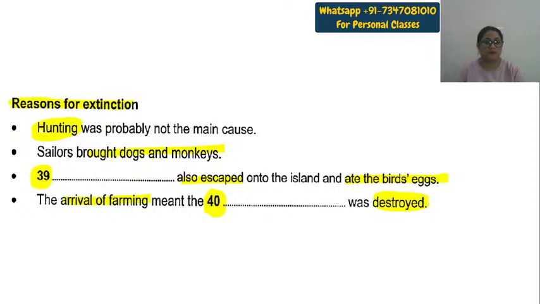These upset the ecology of the island, not just the dodos, but other species too. However, they were a particular danger to the dodos because they consumed their eggs. And since each dodo only laid one at a time, this probably had a devastating effect on populations. However, we now think that probably the main cause of the bird's extinction was not the introduction of non-native species, but the introduction of agriculture. This meant that the forest that had once covered all the island and that had provided a perfect home for the dodo was cut down so that crops such as sugar could be grown. So, although the dodo had survived for thousands of years, suddenly it was gone.